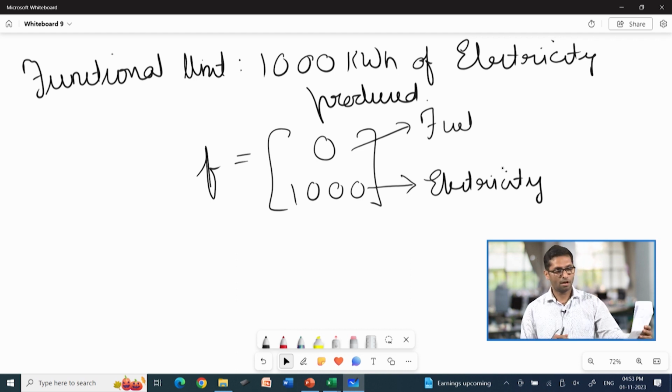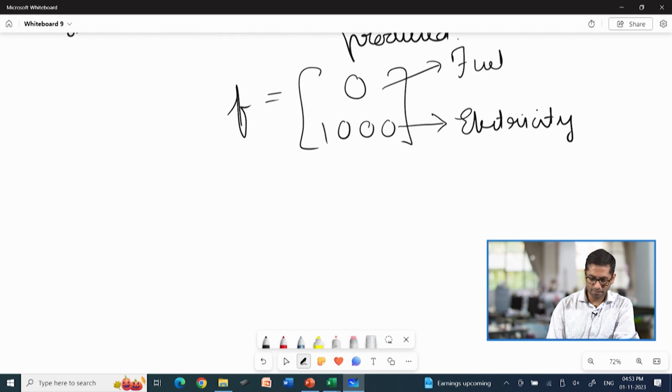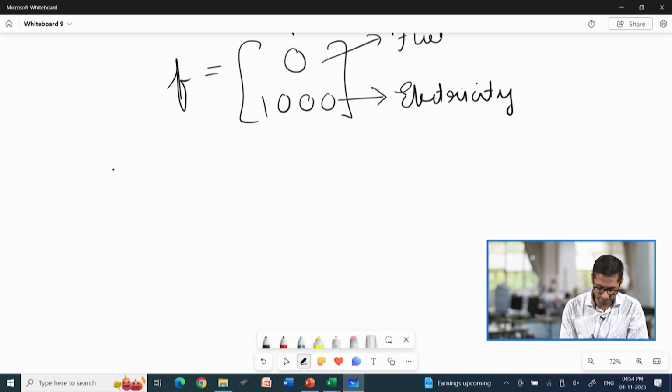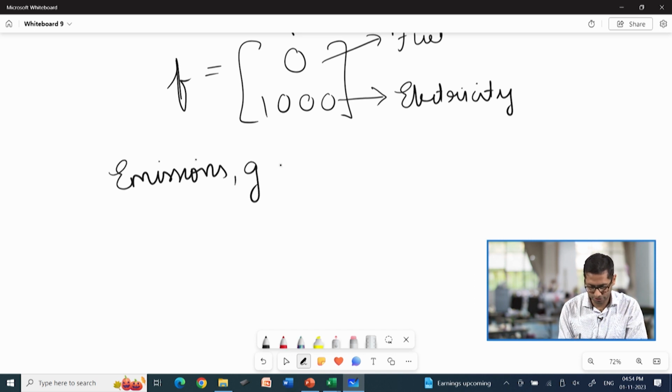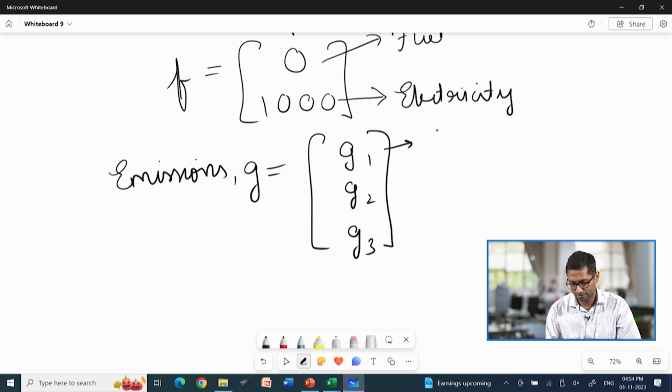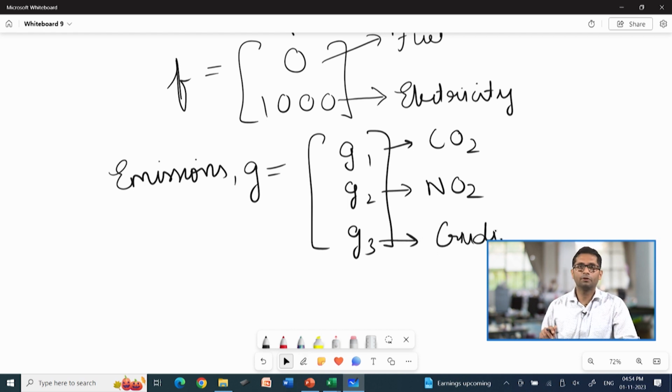And corresponding to this output, I would want to know the different emissions that could come in the form of SO2, CO2 and the crude that I am using. So, these are the three basic emissions that I have considered in this calculation, and they could be notated with the help of another vector G, which gives us the three emissions G1, G2 and G3. These elements pertain to CO2, SO2 and crude that would come up for the production of 1000 kilowatt hour of electricity.